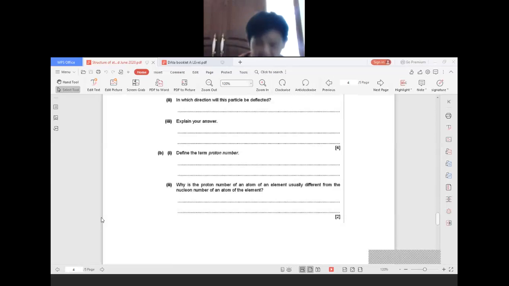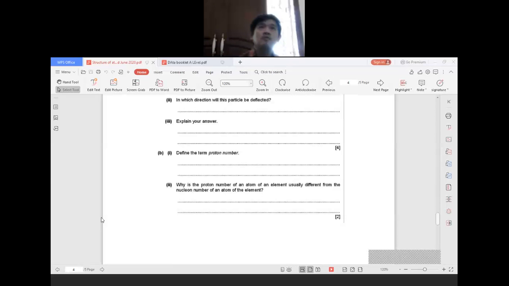Why is the proton number of an element different from the nucleon number of the same element? Because there is a presence of protons. No. Because there is a neutron. You stated that nucleon consists of proton and neutron.